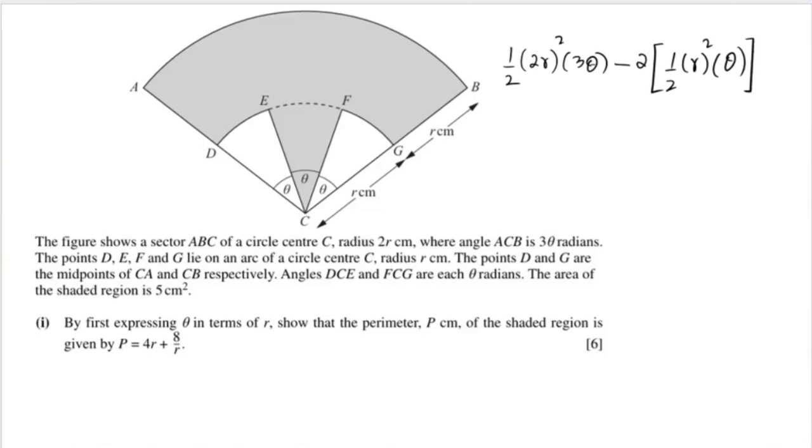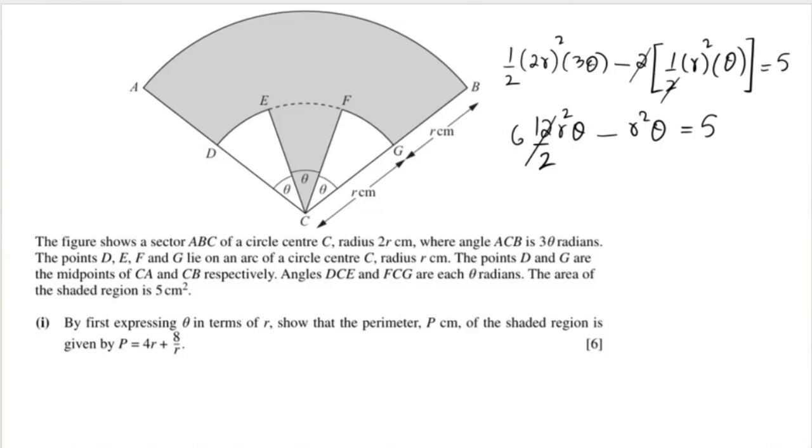Since its angle is just theta, and put it equal to 5. So let's see, what do we get? It's going to be 4 times 3, so 12 r squared theta divided by 2. And minus, oh sorry, my bad. This should be r squared, right? r squared theta equals 5.